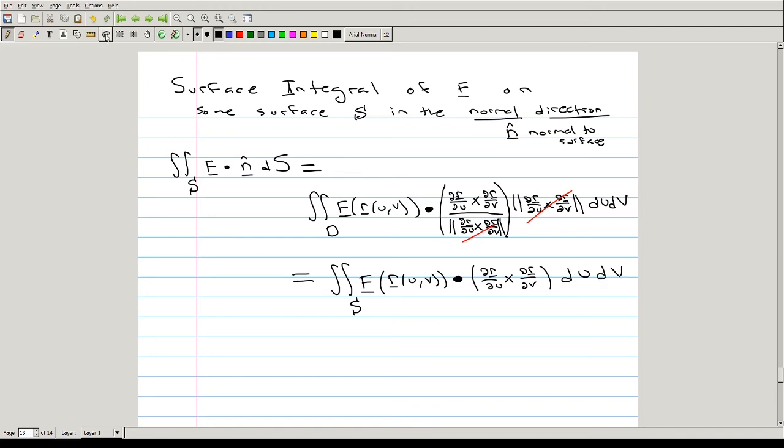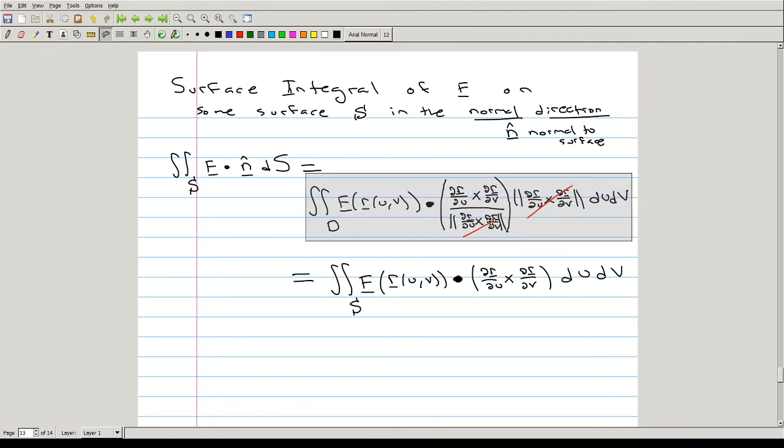And this would be how you would go through and exactly evaluate a given surface integral. It's using this parameterization right here.